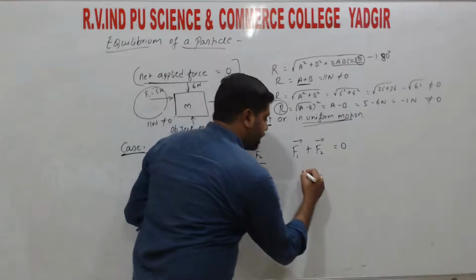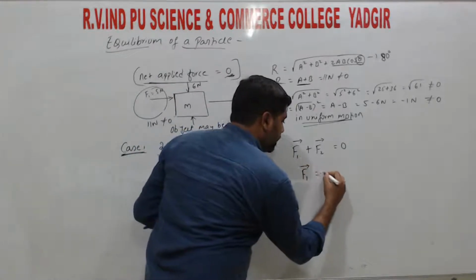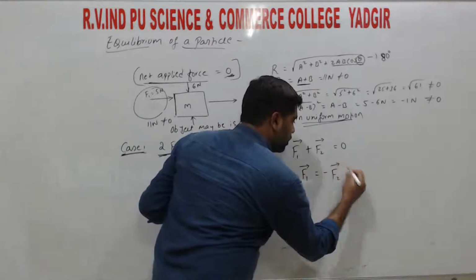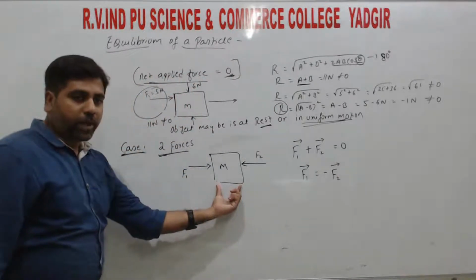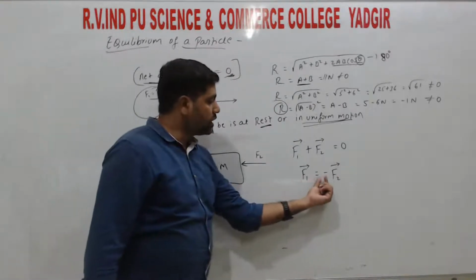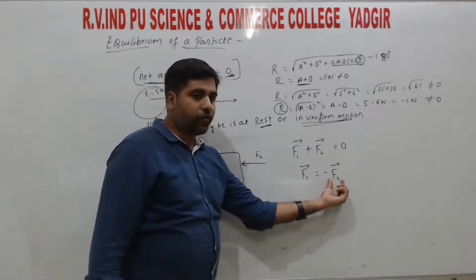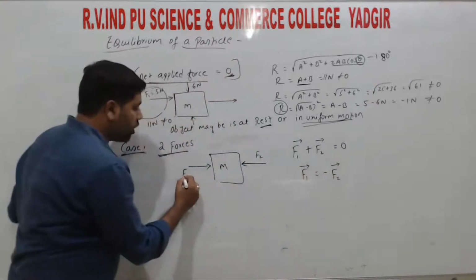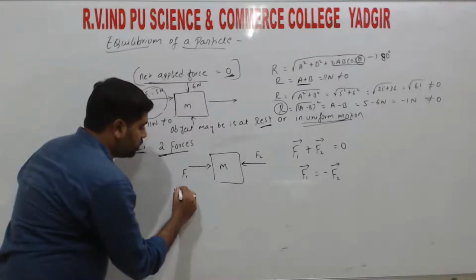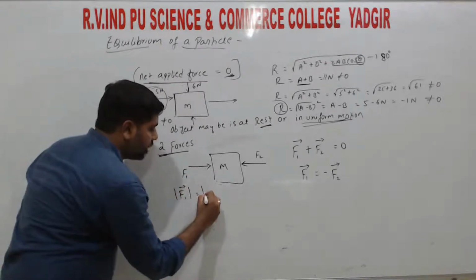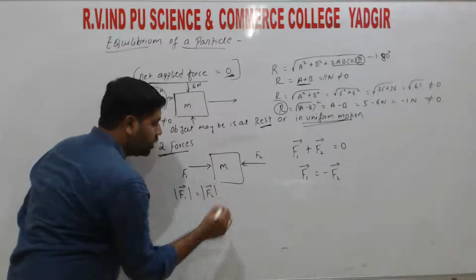So from this we can write F1 is equal to minus F2. So for the object to be in equilibrium, F1 must be equal to minus F2. That means the magnitudes of the forces F1 and F2 remain the same, that is modulus of F1 is equal to modulus of F2.